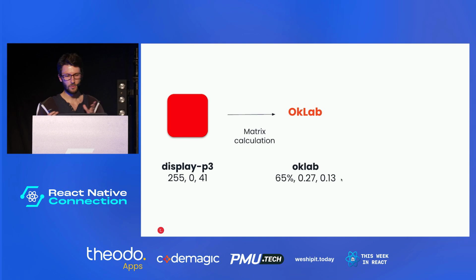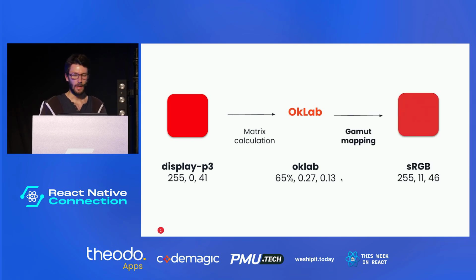Then we will compute the color into OkLab, because OkLab is a great color space to make computation on color. So with the gamut mapping, we try to find the best color available, which works best with OkLab. And then we will use this algorithm, and we will find the best color available. So as you can see, the colors are a bit different, because in sRGB, you can't have access to the display P3 color.